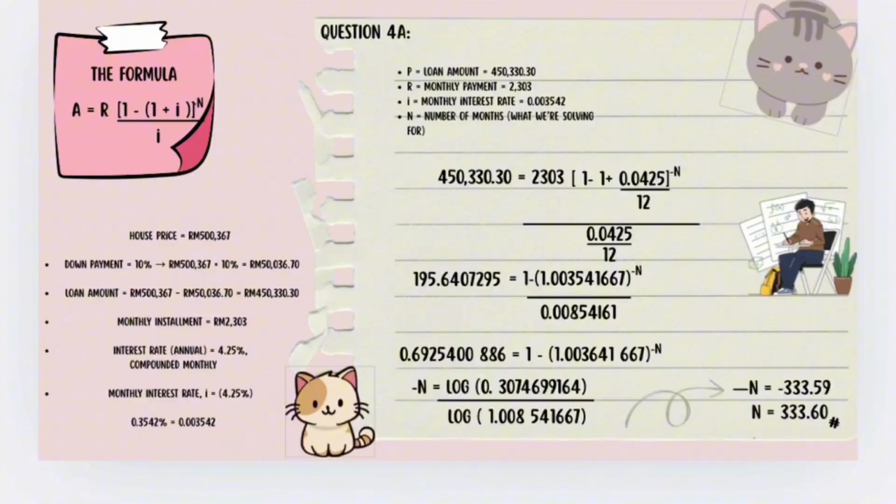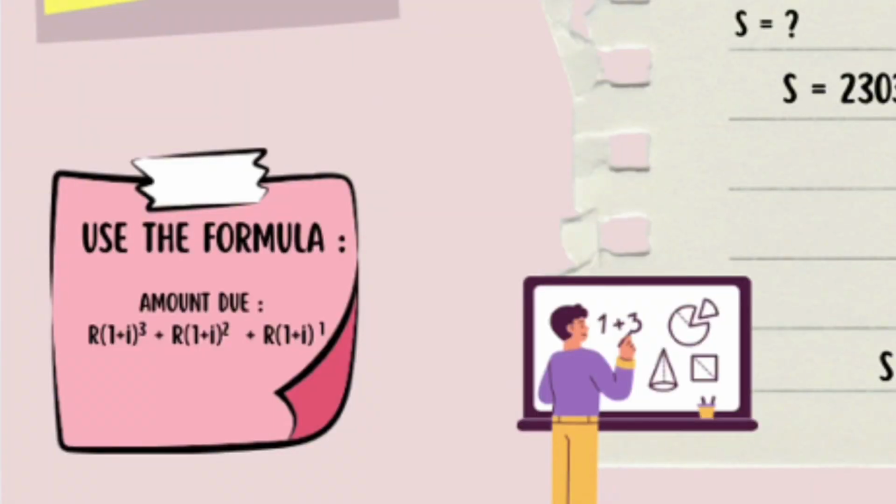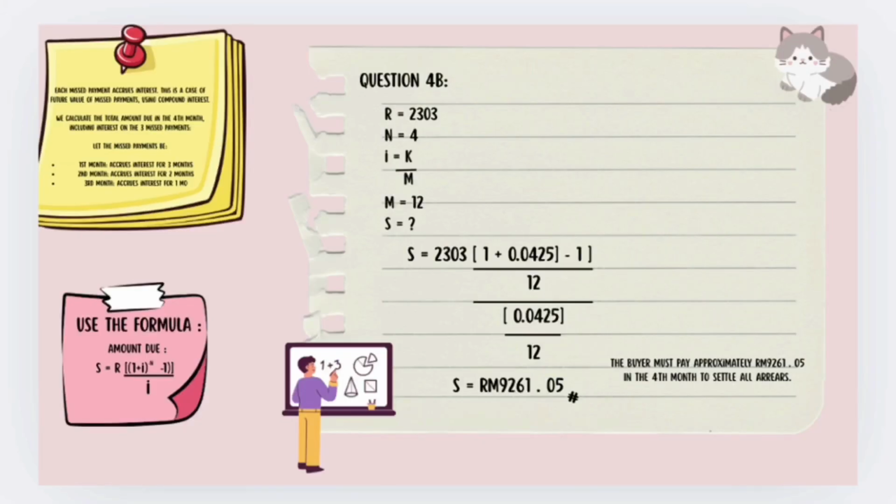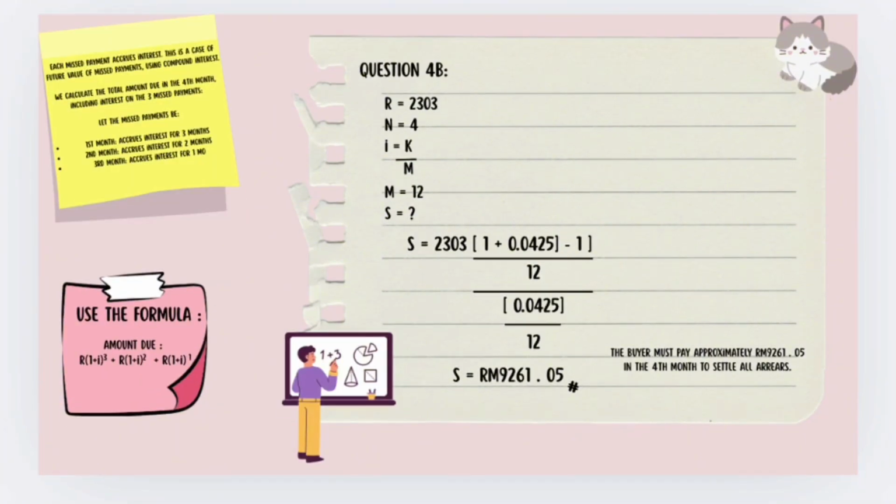The formula we can use to settle this question is S equals R [(1 plus i) to the power of n minus 1] over i. So let's solve for this question. R equals 2,303. Meanwhile, n equals 4. i equals k over m, and m is 12.